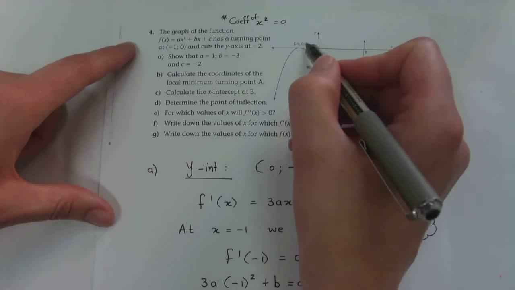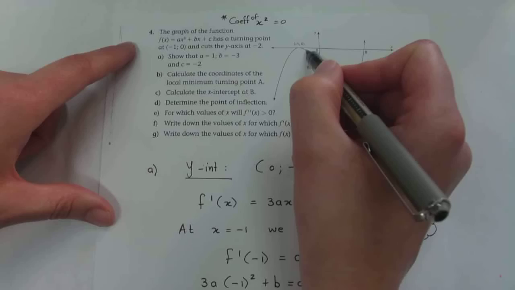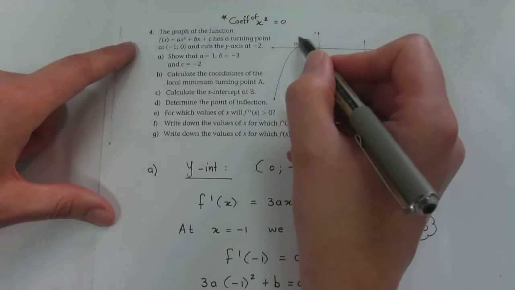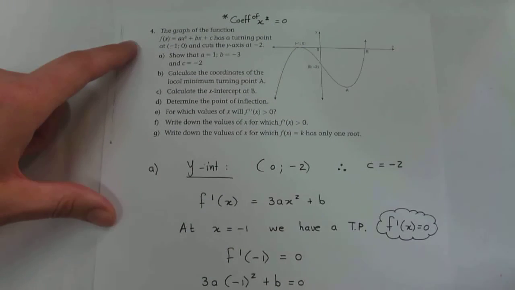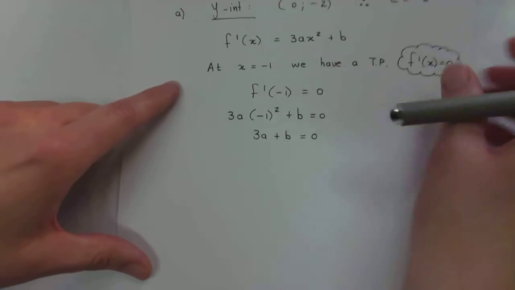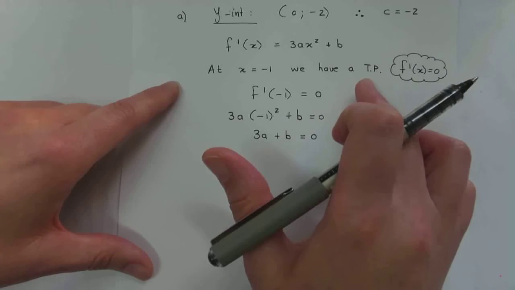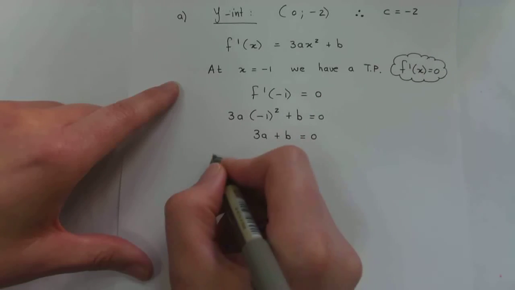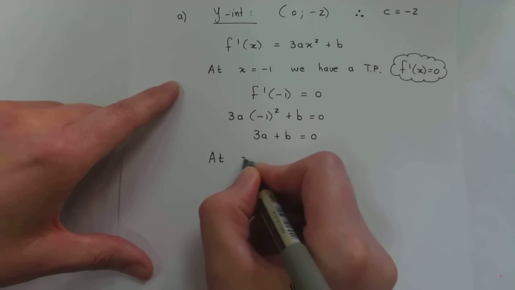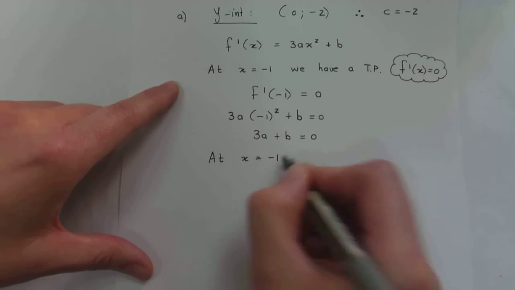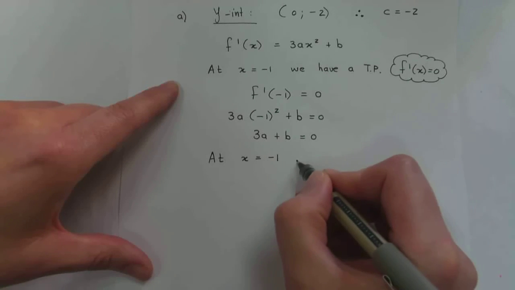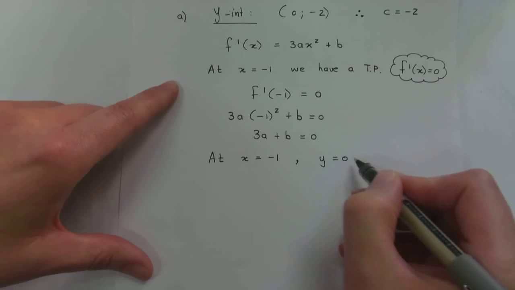Not only did they give me a turning point there, they also gave me a coordinate point there. So -1, 0 has got two things. At -1, we have the turning point, so the gradient is 0. But at x equal to -1, the y-coordinate is equal to 0.